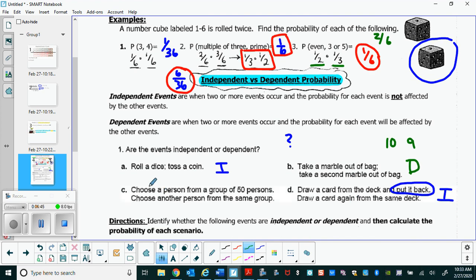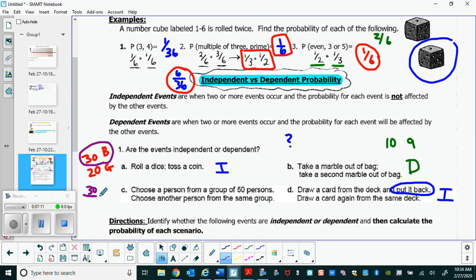All right, so now with answer choice C, we're going to choose somebody from a group of 50, and then we choose another person from that same group. So let's say out of 50 people, I've got 30 boys and I've got 20 girls. So if I want to know the probability that I'm going to select a boy, well, the first time it's 30 out of 50.